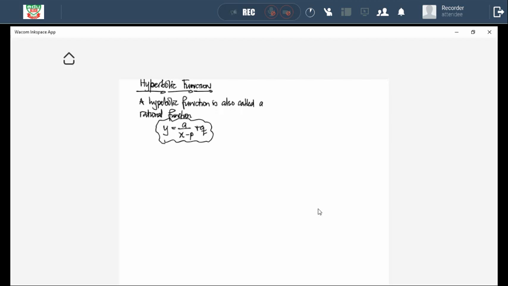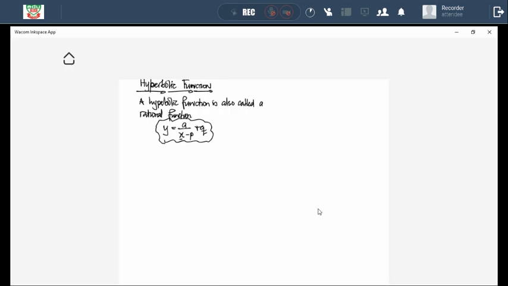And if you look at this, x is in the denominator component. Now, for you to sketch a hyperbolic function, it is important to note that you need to know the important features of a hyperbolic function. Just like any other function, one should be able to list the important features.